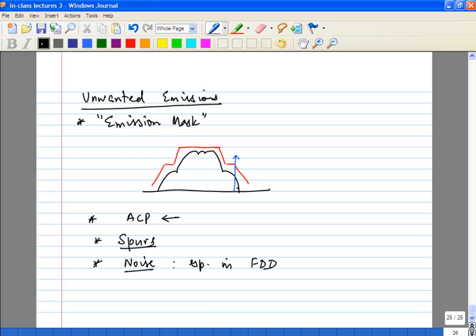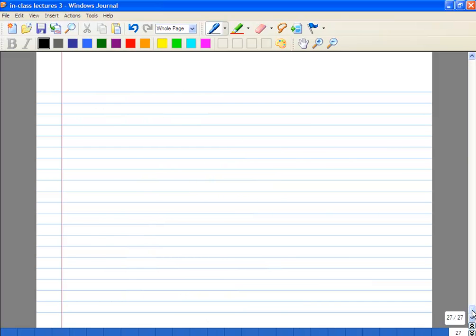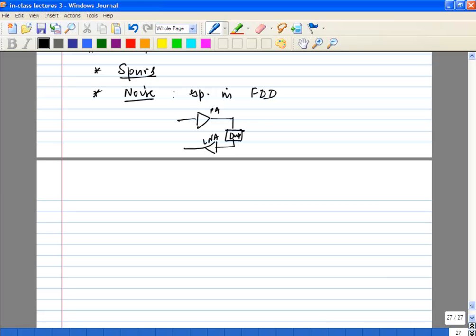Why? Let's take the case of a PA, and this is your LNA. The duplexer is going to have finite rejection from the PA output to the LNA input.